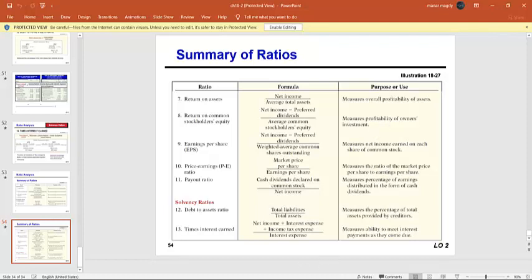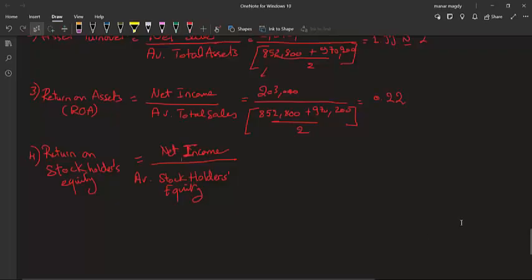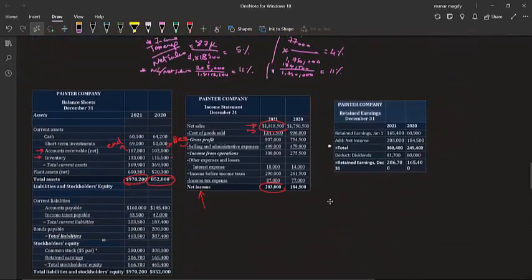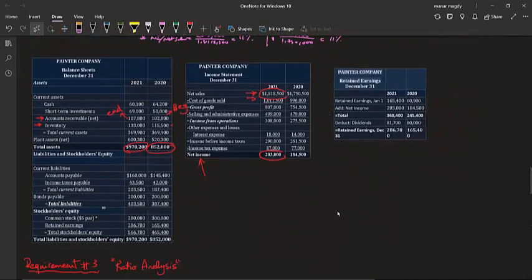Let's see it here in the example. Preferred dividends, if they exist. In this example, they are not present. So the net income equals 203. There are no preferred dividends, as we can see here.